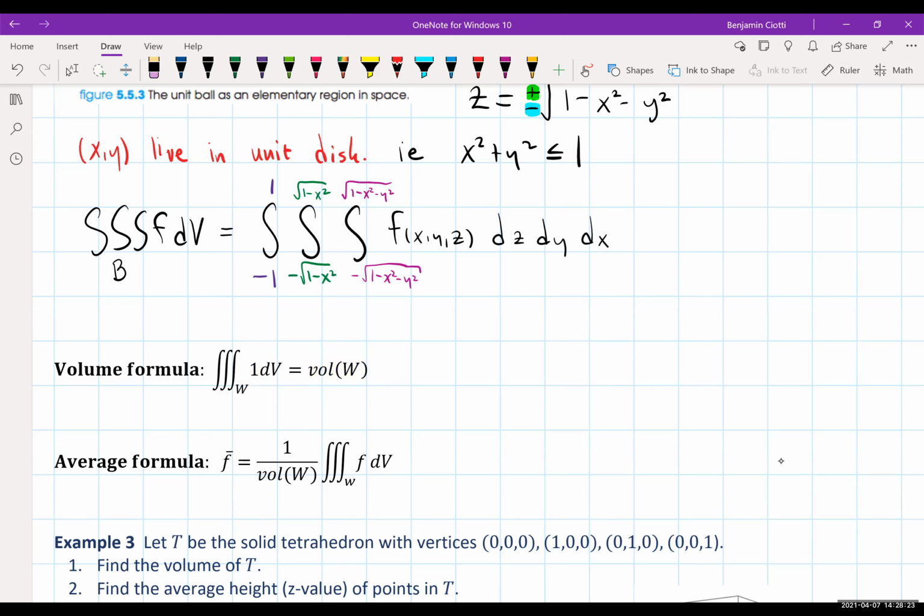And then we can define our average formula analogous to the two-dimensional version. Note that this is also equal to the triple integral of f dV over the triple integral of 1 dV, both integrals being over the region in question.